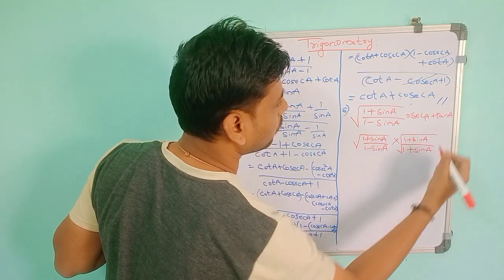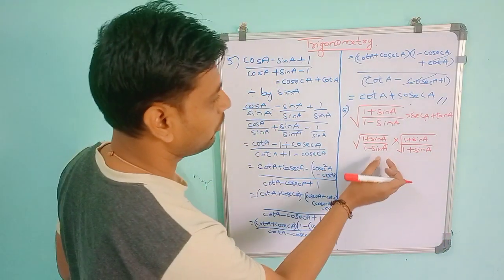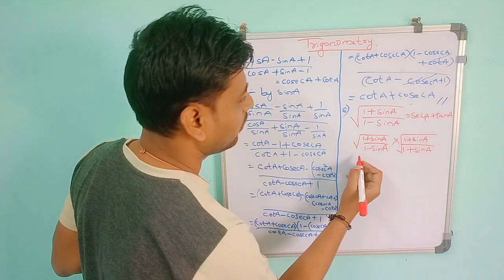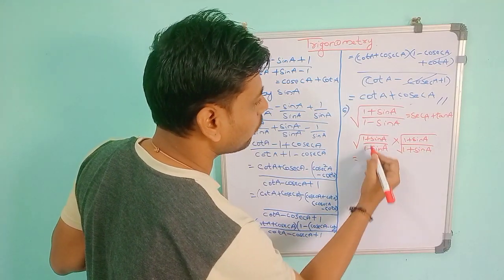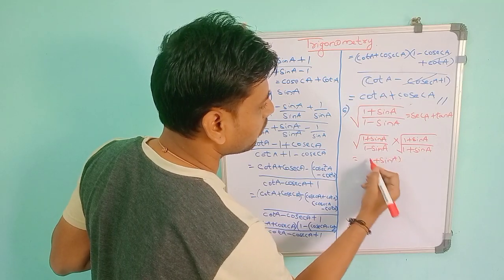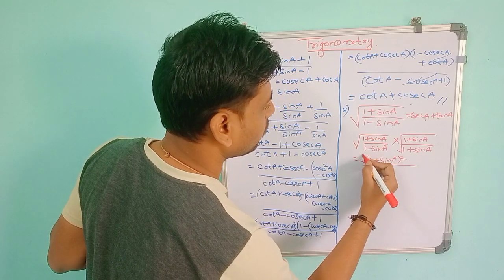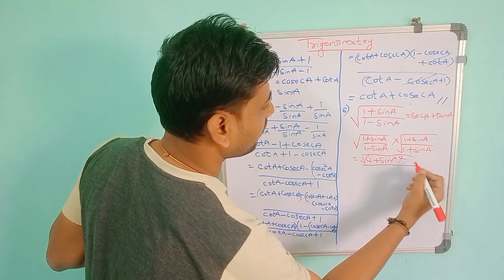Root of 1 plus sin A divided by root of 1 plus sin A will be cancelled. So in rationalization, 1 minus sin A is there, 1 plus sin A, 1 plus sin A. So it will be root of 1 plus sin A into 1 plus sin A, which is 1 plus sin A whole square. Then whole divided by root of 1 minus sin A into 1 plus sin A.